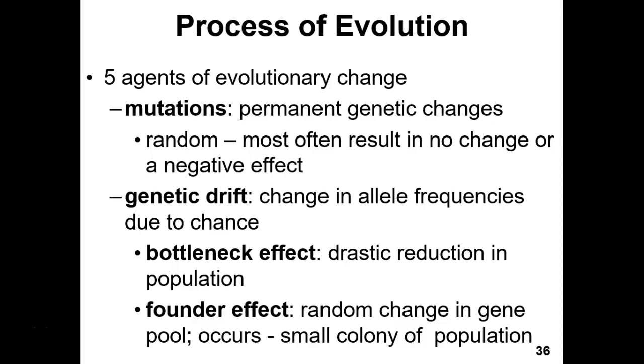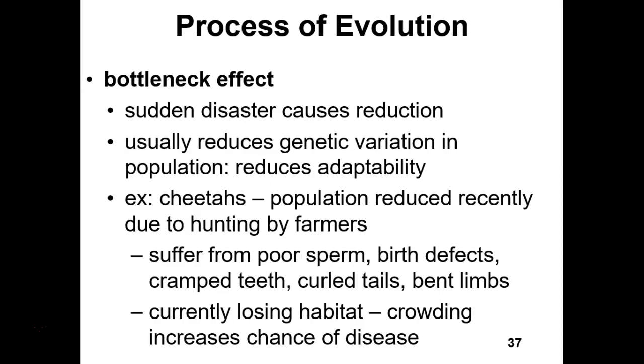The founder effect is another type of genetic drift where you have a change in the gene pool because a small group from a larger population breaks off, making their own population. So the bottleneck is a type of genetic drift that is due to, typically we think of some type of a disaster.